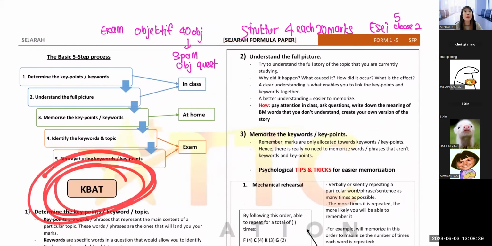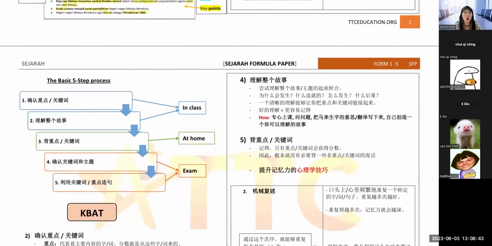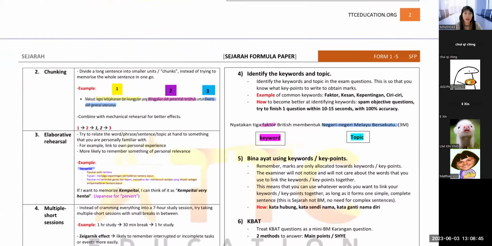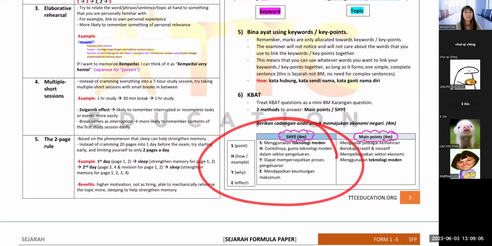If it's KBAT, guys, we have 2 methods. One, you just give the main point. Another one, you give the point, how, why, and effect.